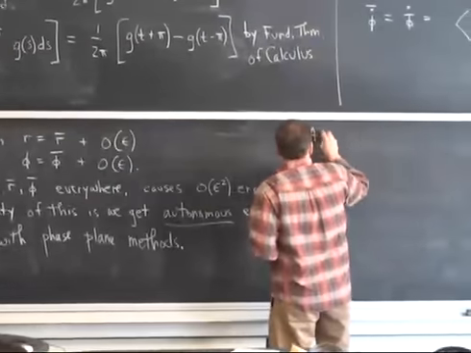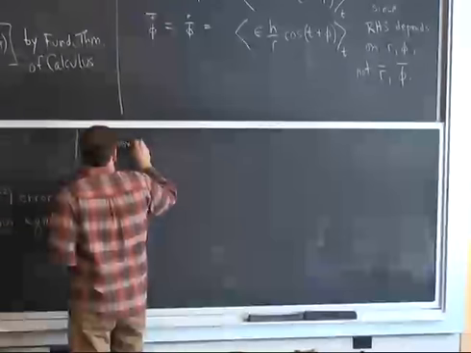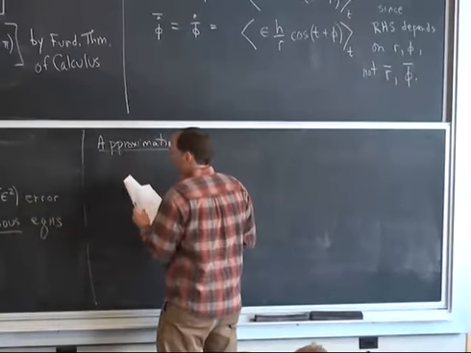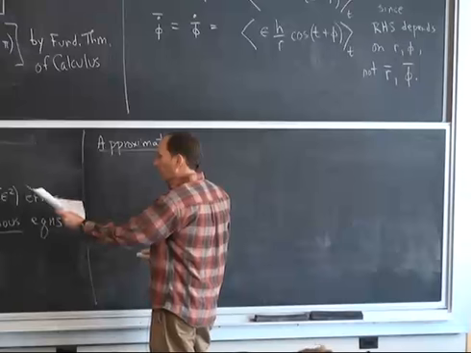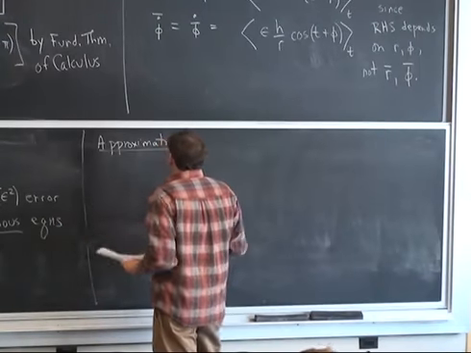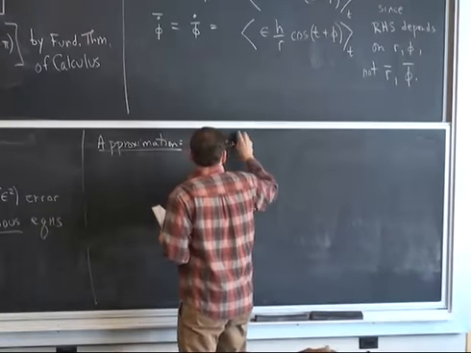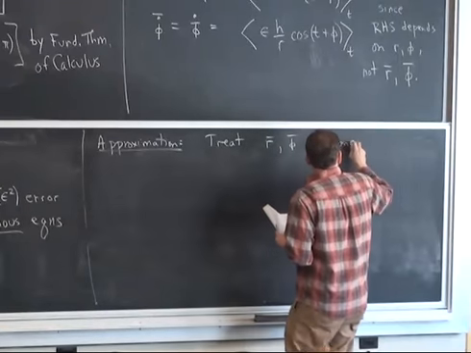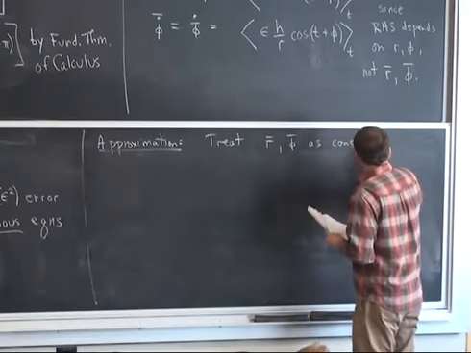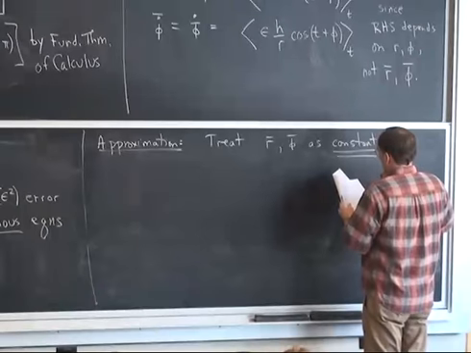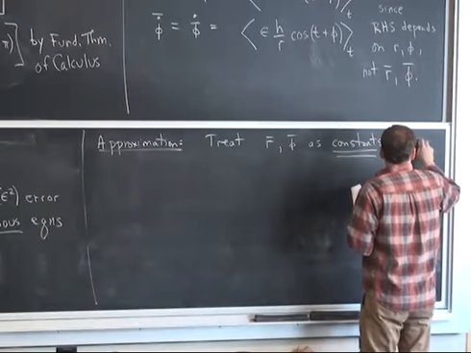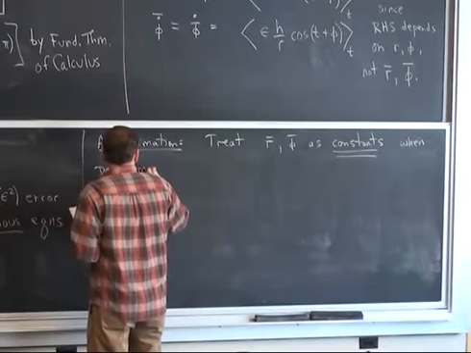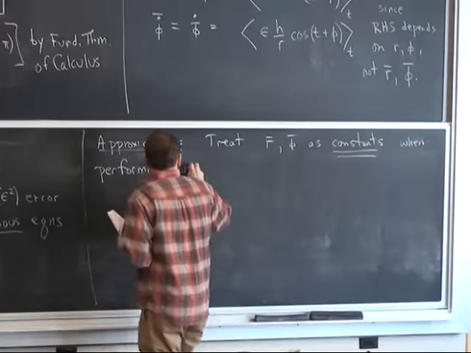So just to quote that for the record here, I said I'm going to replace R and phi by R bar, phi bar everywhere. Treat R bar and phi bar as constants when performing these averages.